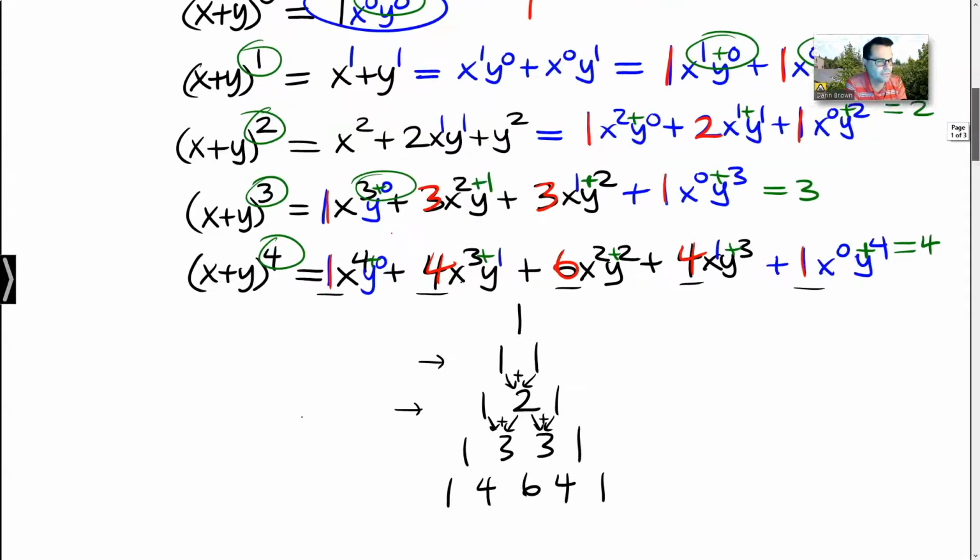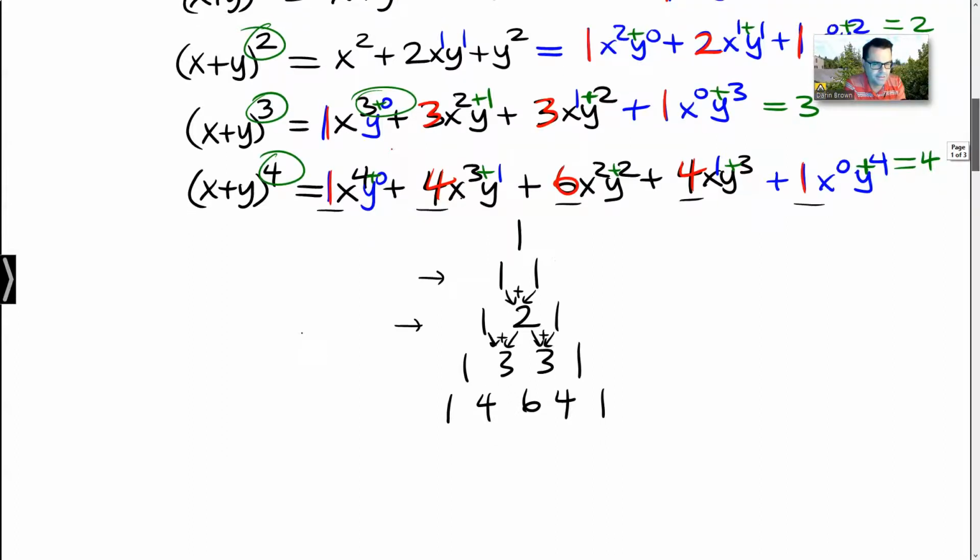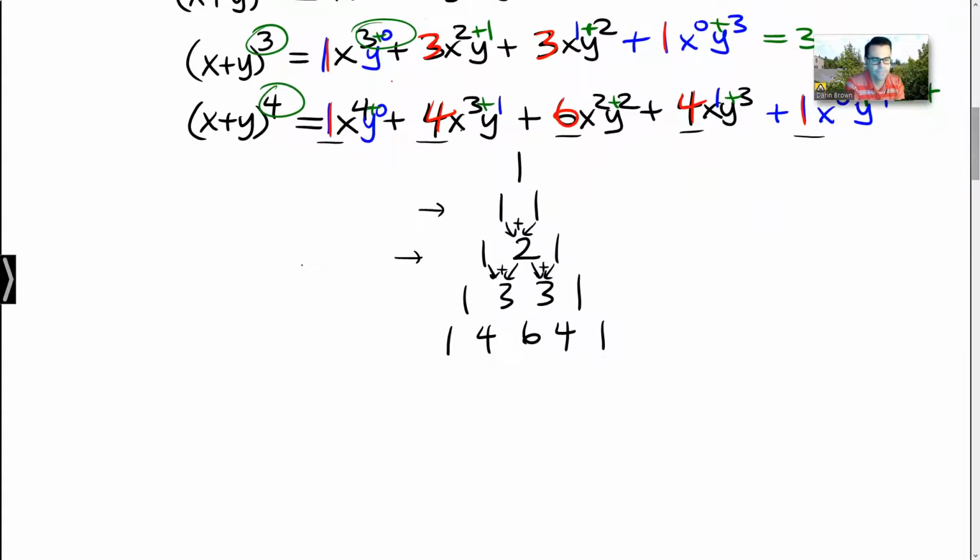Seems like these are not necessarily related, but it turns out they are. So whenever you see something from over here and something from over here that seem like they're not related, and you see that they're really the same, you need to ask, well, what's really going on here? Let's keep going. 1, 5, 10, 10, 5, 1. So we can make a conjecture now.